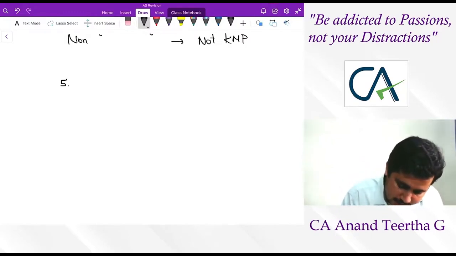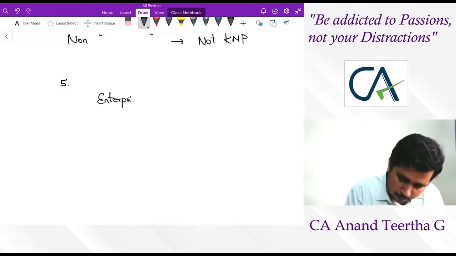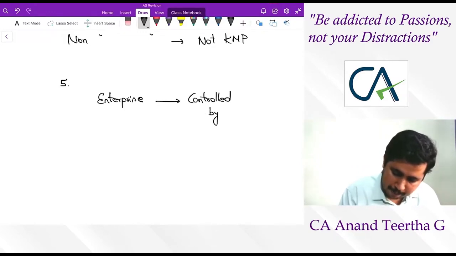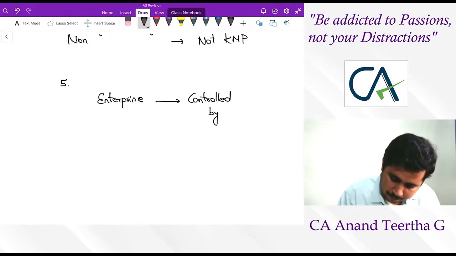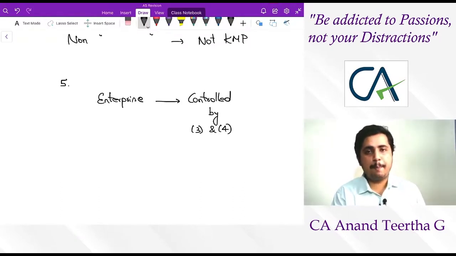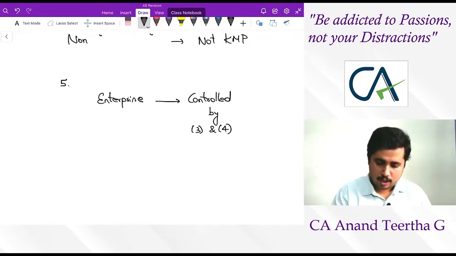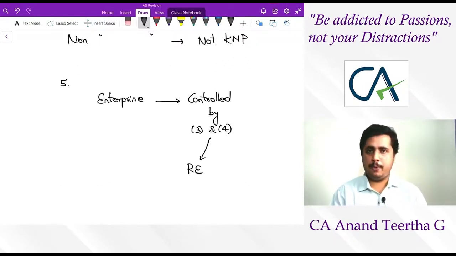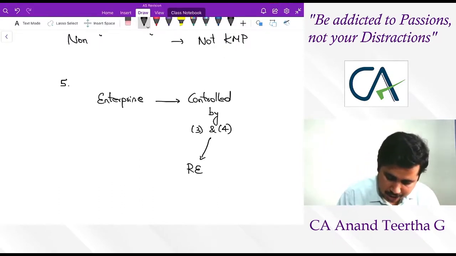This tells us that there is an enterprise controlled by people covered in point number 3 and point number 4, who are obviously related to the reporting enterprise, and there is a transaction between this enterprise and the reporting enterprise. Even these are called related parties.